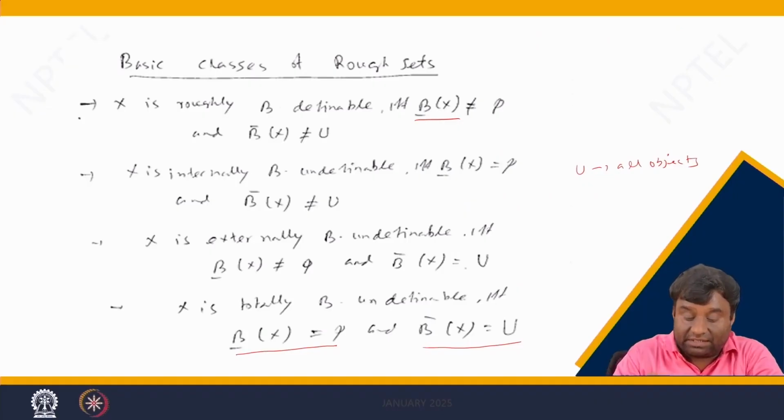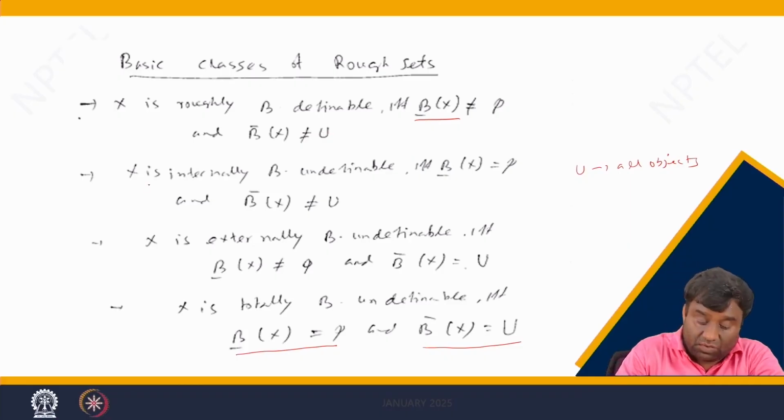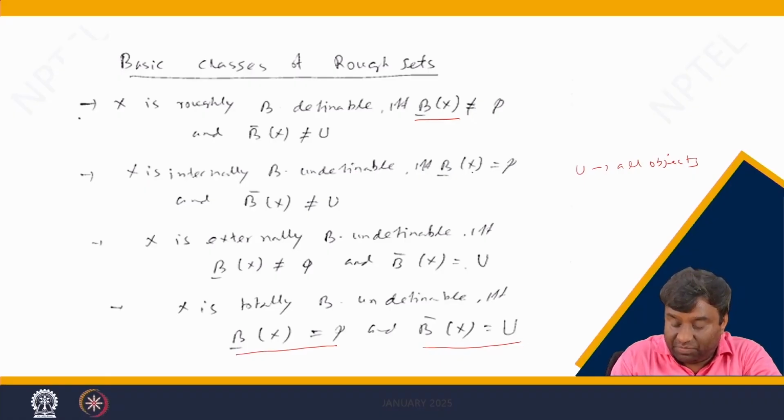So, basic classes of rough sets. X is roughly B definable. X is a target set, B is the set of attributes. So X is roughly B definable if and only if the lower approximation is not equal to the null set and the upper approximation is not equal to the total set of objects, that is U. X is internally B undefinable if the lower approximation is the null set and the upper approximation is not equal to the total set of objects.